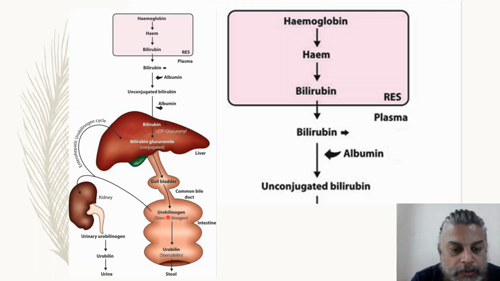Some part of this urobilinogen is absorbed into the vascular component, enters the kidney and is excreted in the urine as urobilinogen. So in obstructive jaundice, we will have a difference in the excretion of bilirubin in the urine and in the feces, by which we can know about the cause of the disease also.